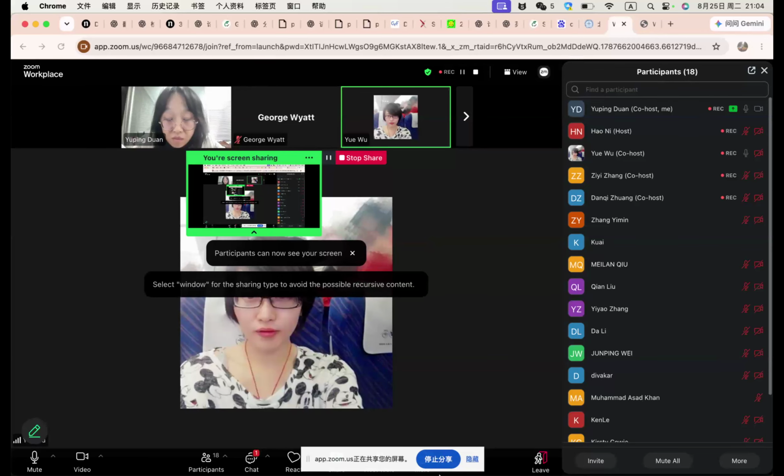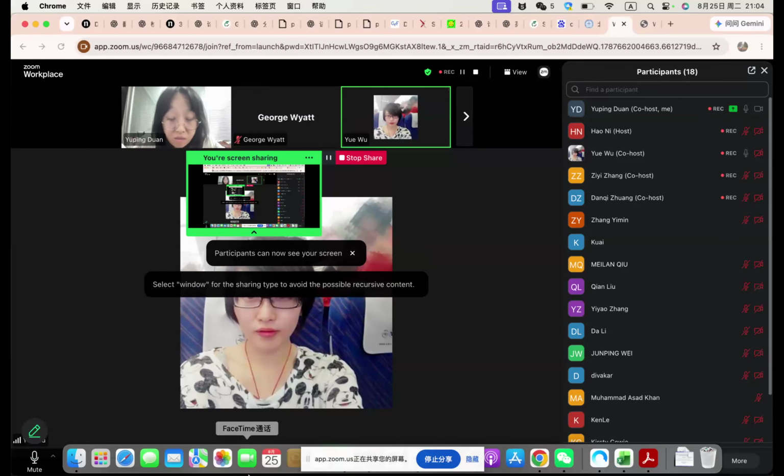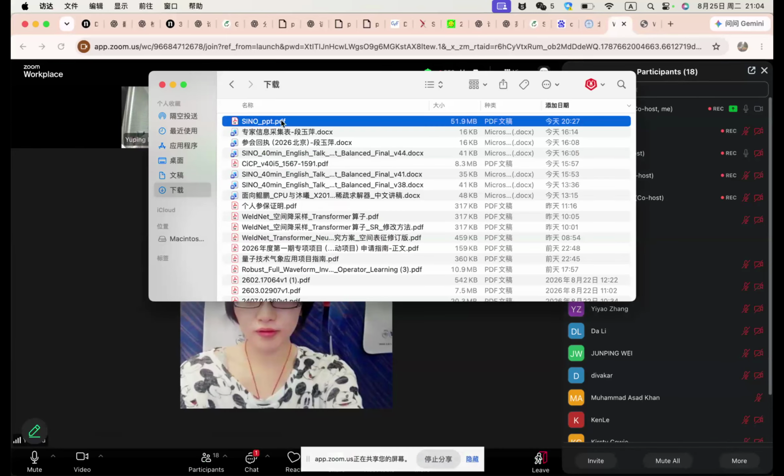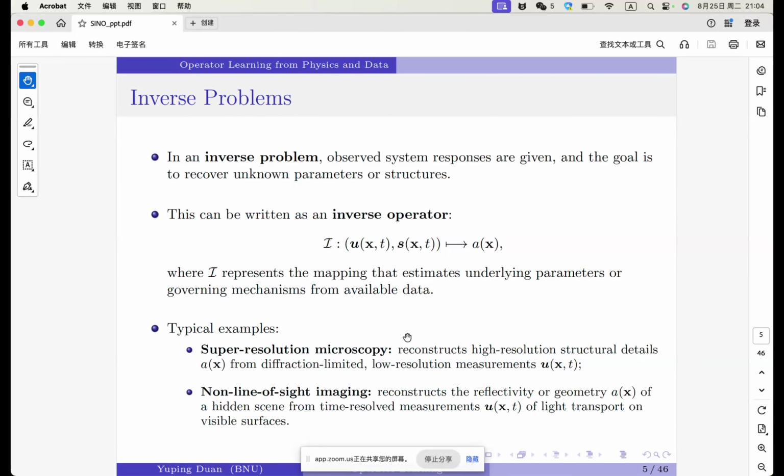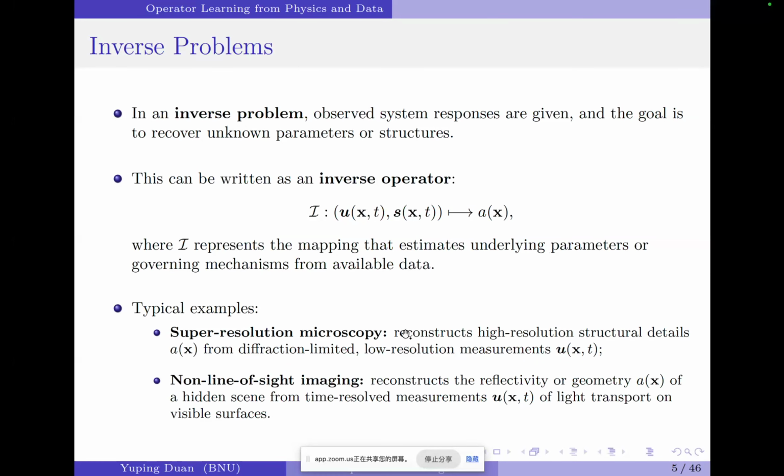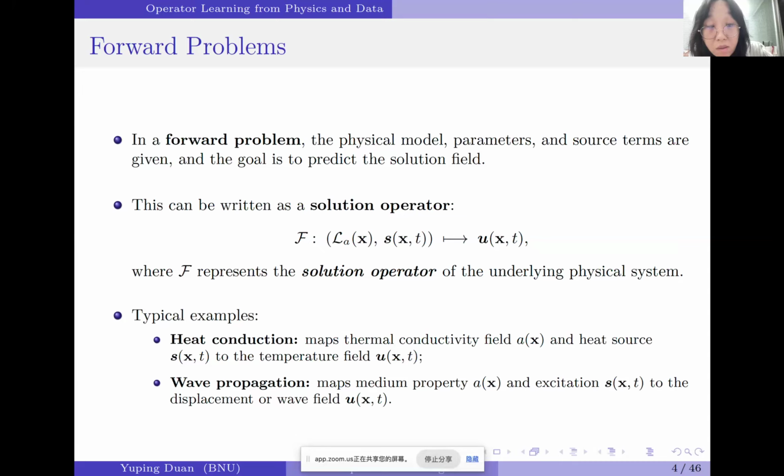You can try to reshare. How about this? Can we see the forward problem? Yes, we can see. Okay, so I continue.